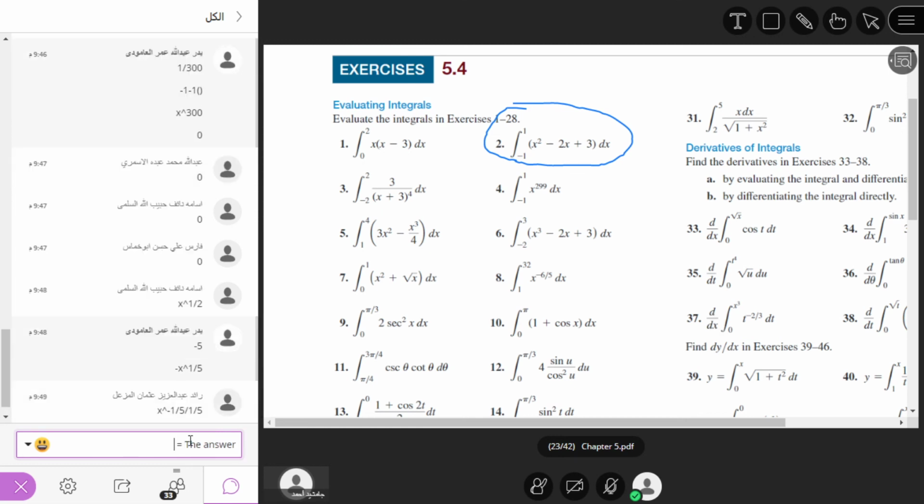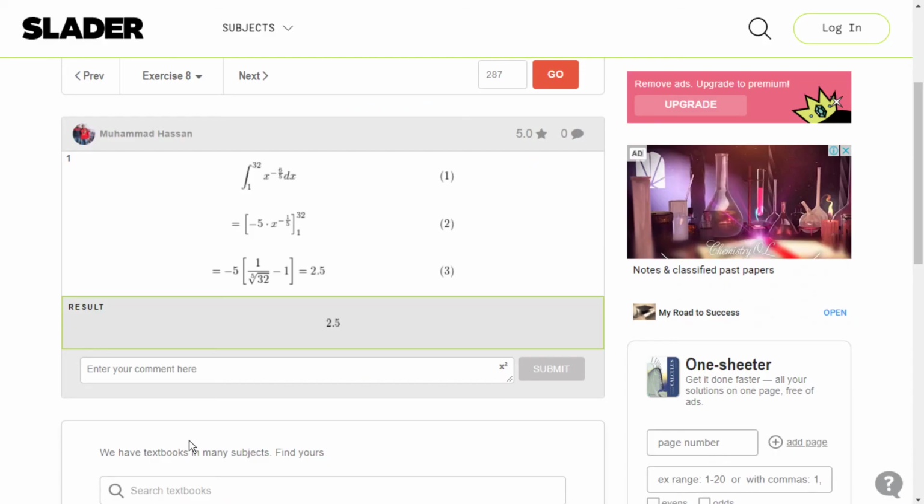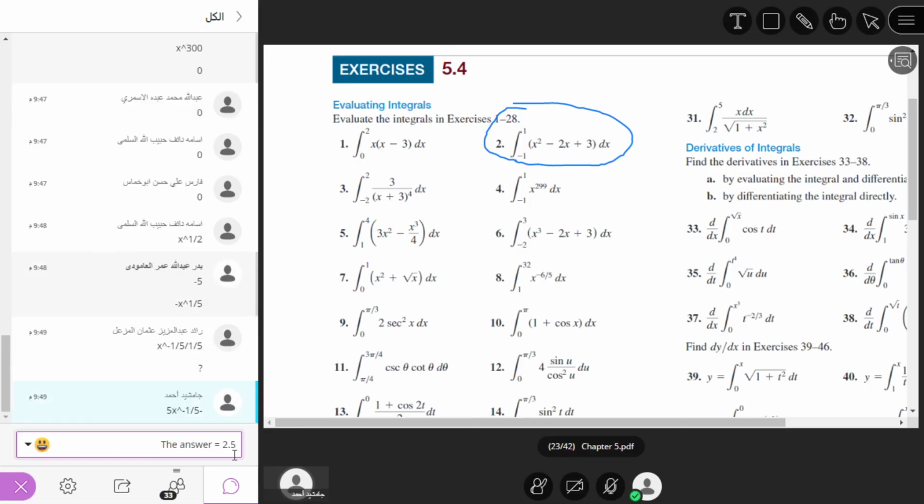This will be equal to minus 5, because in the denominator we have minus 1 over 5, so it goes on the top. So minus 5 x power minus 1 over 5.